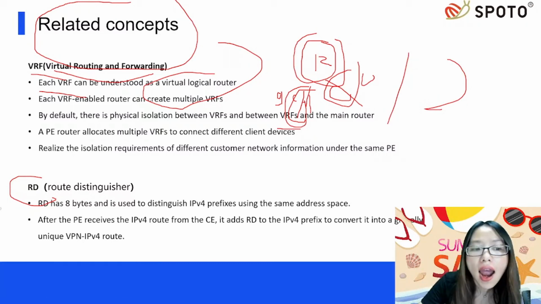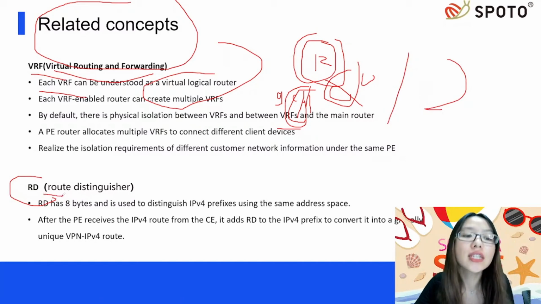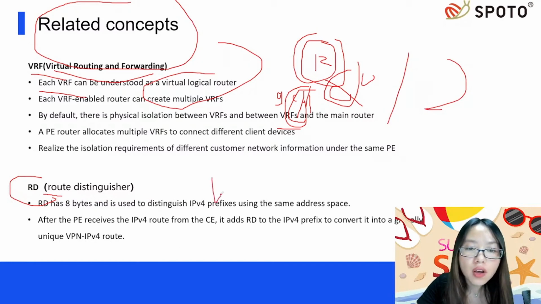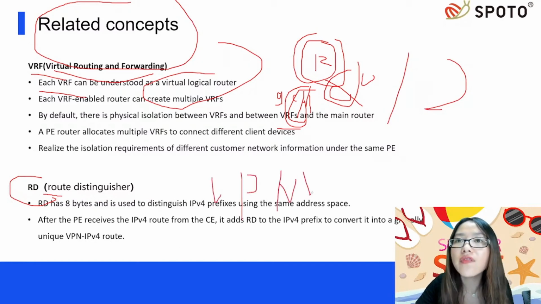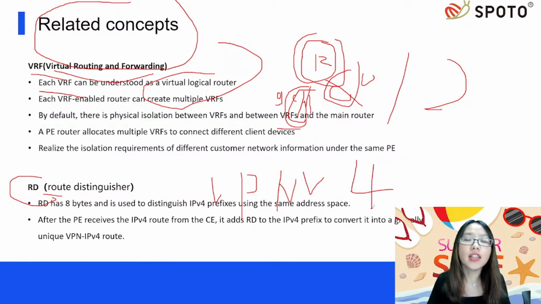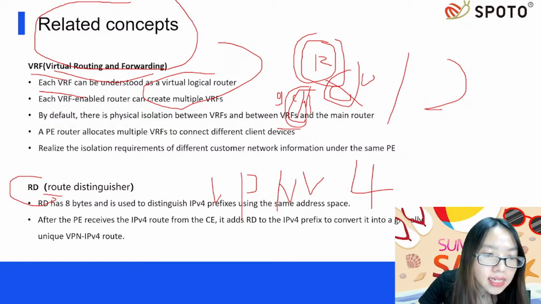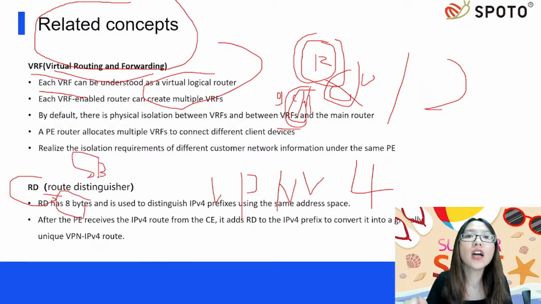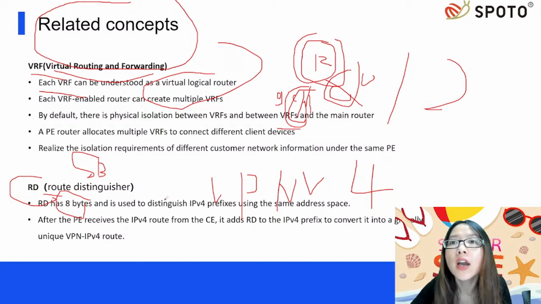RD is the route distinguisher. When a CE's IPv4 route enters the VPN-v4 address family, an 8-byte RD is added in front of the 32-bit IPv4 route to become a VPN-v4 route prefix.